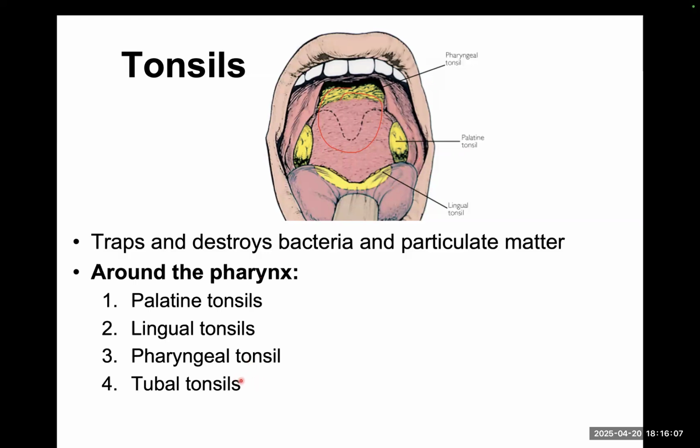So in the past, people would have their tonsils removed for no reason at all. We don't do that anymore, because they didn't know there was a function for the tonsils, but now they know more.